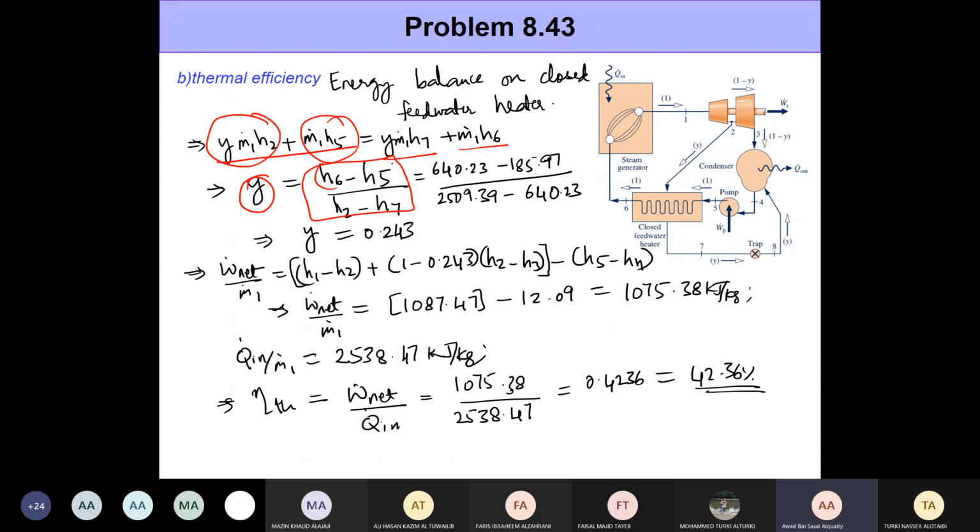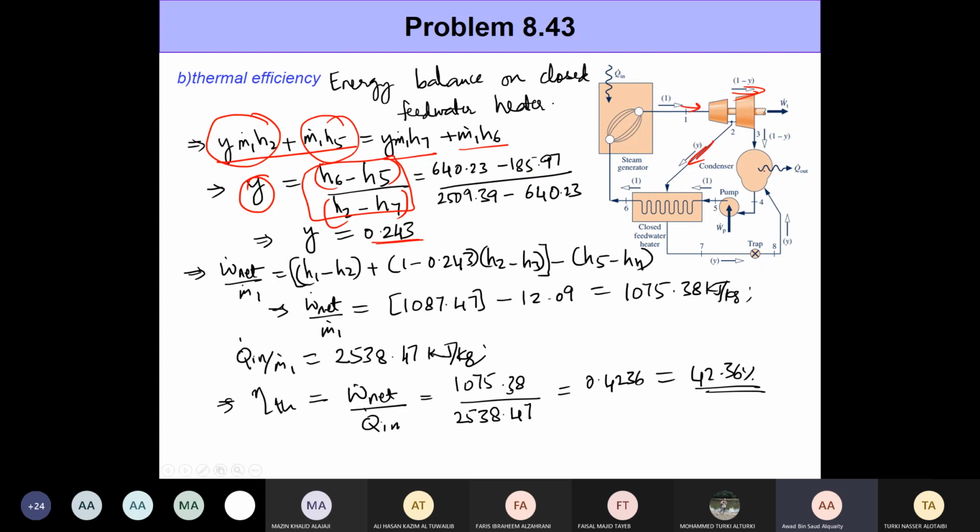It's the enthalpy increase of the cold fluid divided by the enthalpy decrease of the hot fluid. When you plug in the numbers, you get this fraction, 0.243. So 24.3% of the steam that entered as state 1 is extracted and sent to the feed water heater. The remaining 76% approximately continues to expand within the turbine, and then is sent to the condenser.